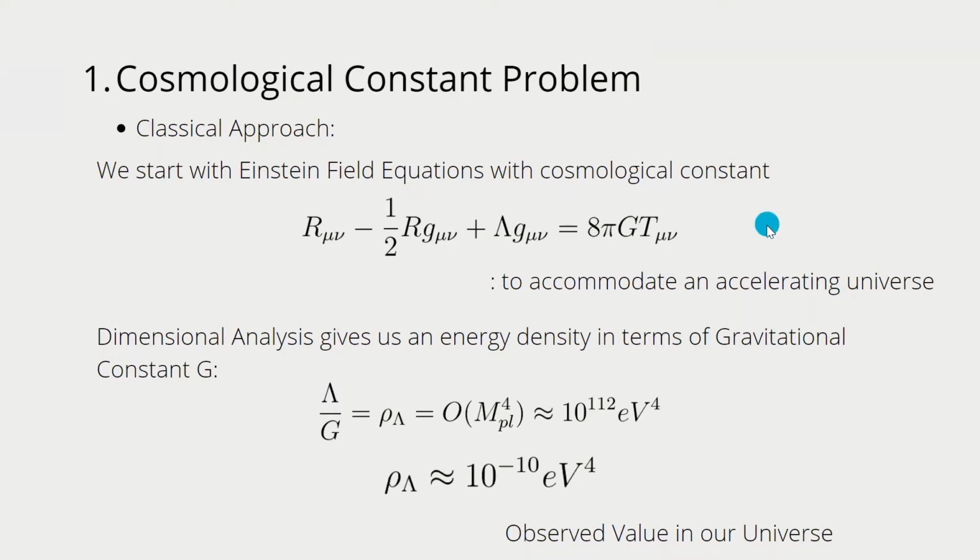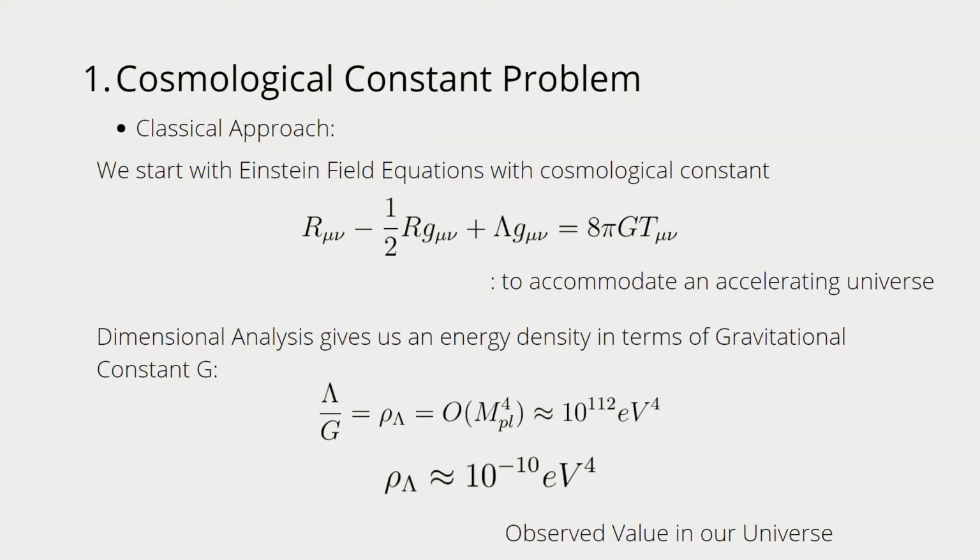We can explain the cosmological constant problem from two different approaches. The first one is the classical one. The second is the quantum one. Let me start with the classical one. We start with the Einstein field equations with the cosmological constant, obviously, to accommodate an accelerating universe.